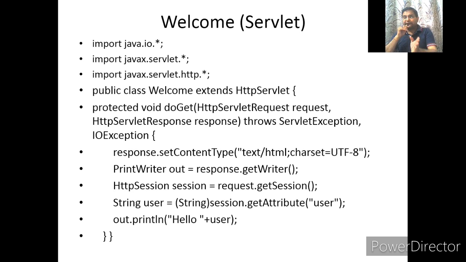Now it is saved in the user variable, that is of string type, and we can print it. So the output of this page will be the same name which the user has entered in the index.html.